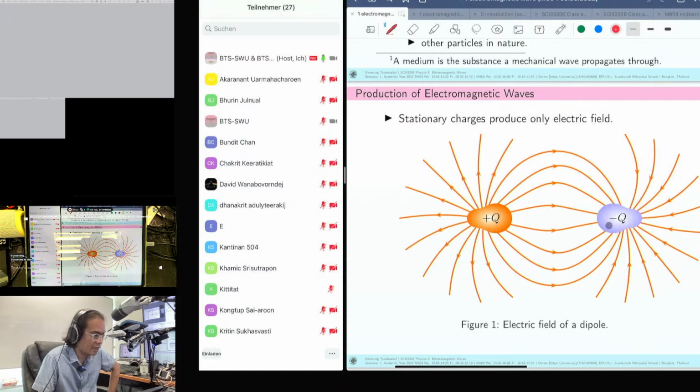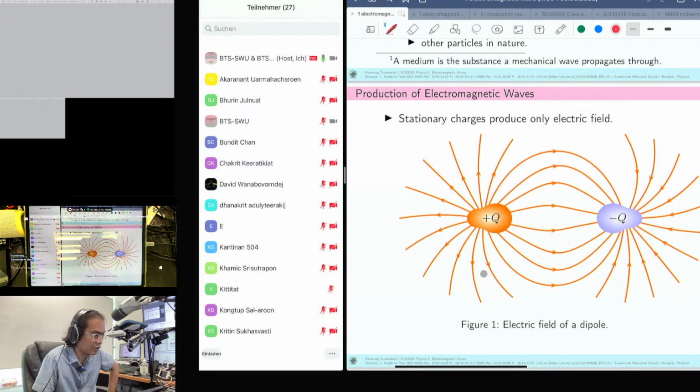The electric field will start from the positive charge source, and the line of the electric field will be in this way. It's not a straight line. It's a curve, and it can propagate even far away from both places, and finally the electric field will reach the negative charge area.